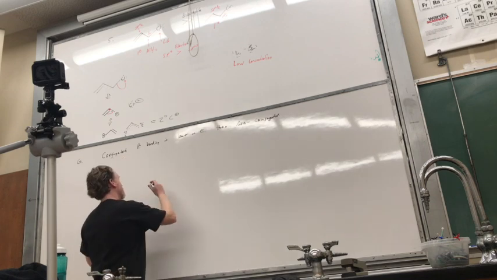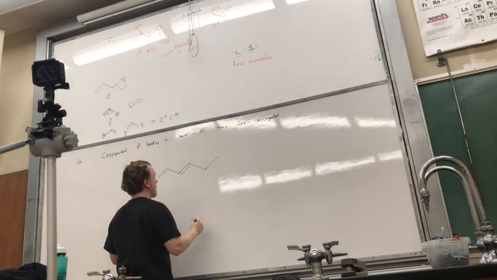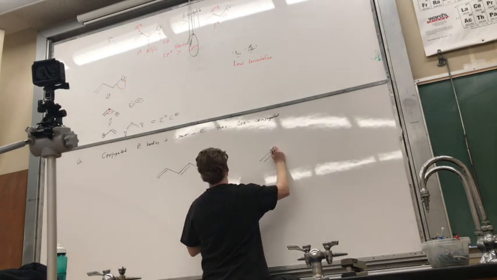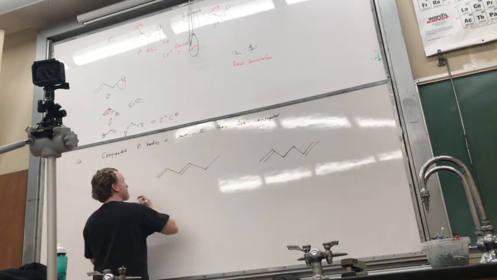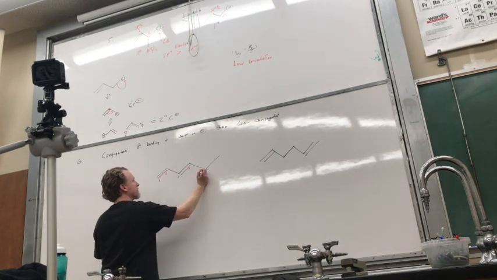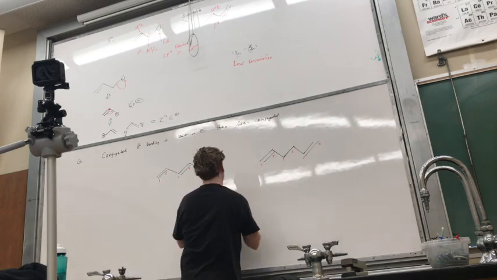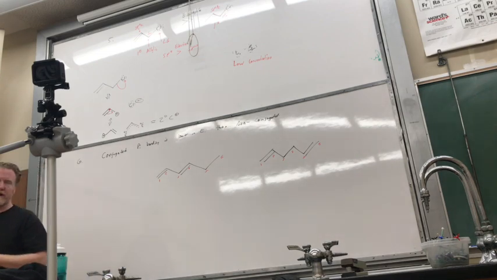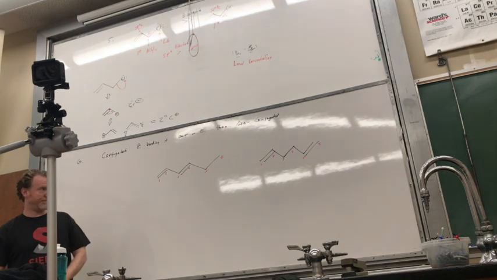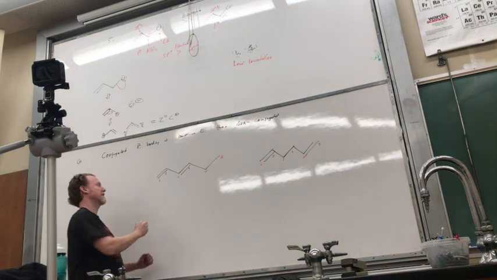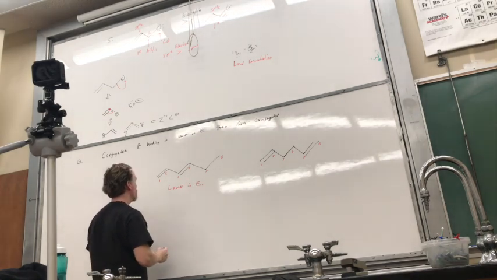So let's look at an example. If I compare, for example, this diene to this one, they're both 6 carbon molecules with 2 alkenes. One of them's lower in energy. Which one? This one. So why is that?